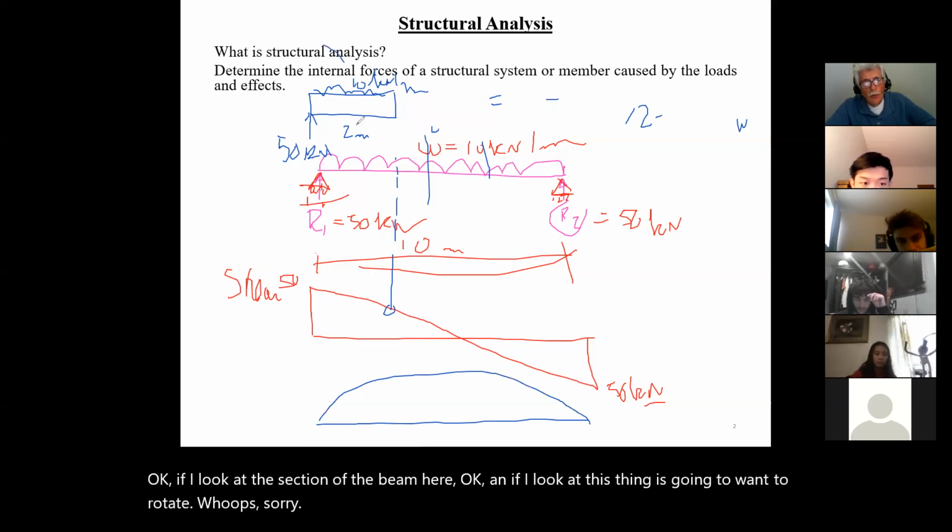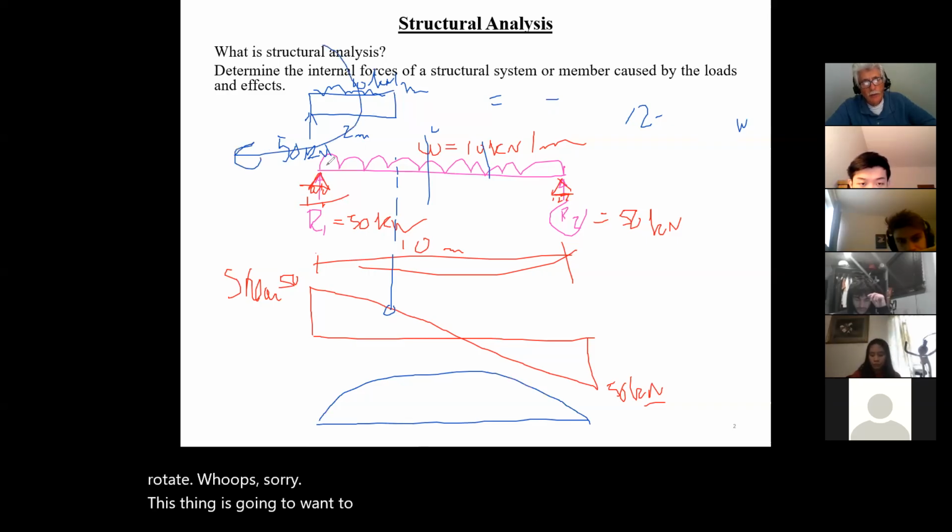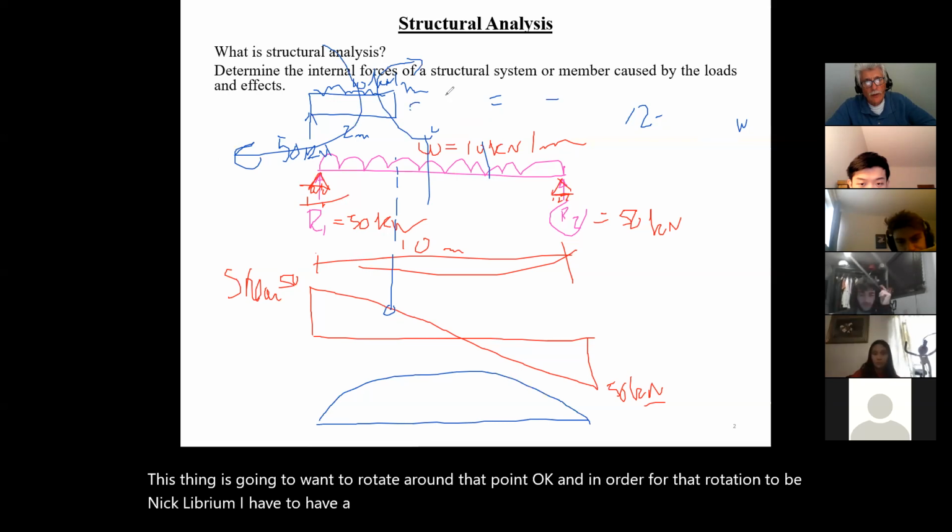This thing is going to want to rotate around that point. And in order for that rotation to be in equilibrium, I have to have a rotation in the other direction to make it equal to zero, and that's what the moment diagram does.